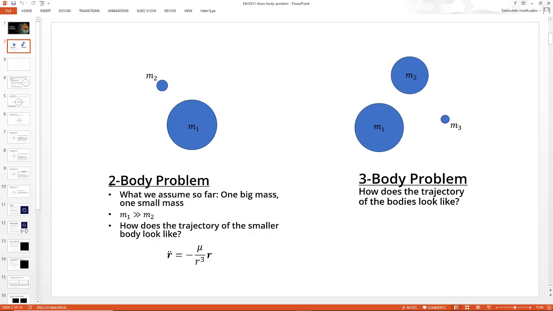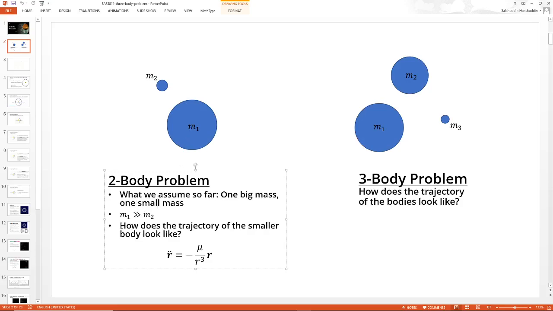What we've learned before is all about the two-body problem. Our assumption is we have one big mass and one small mass. This small mass could be a satellite or an asteroid, and then this is usually Earth, and sometimes in some cases this will be the Sun or Mars.